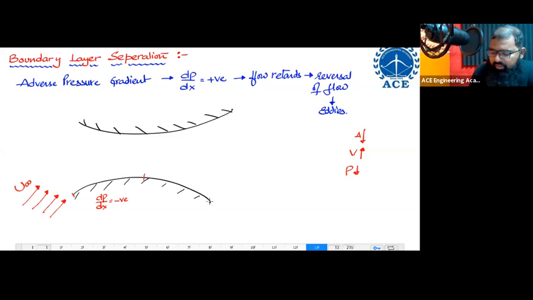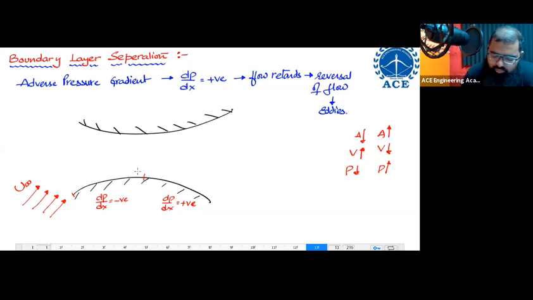Now from here forward, if you see downstream, area is increasing. If area increases, the continuity equation says velocity decreases, retarded flow. What is going to happen? Pressure is increasing. That means dP upon dx is going to be positive, which is the non-favorable or adverse case. Now what will happen over here?